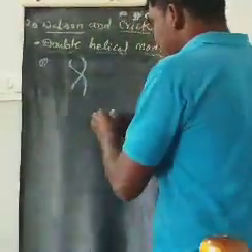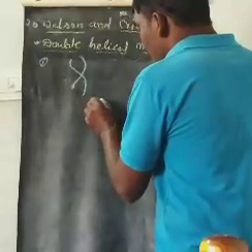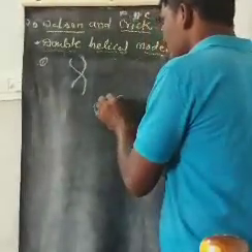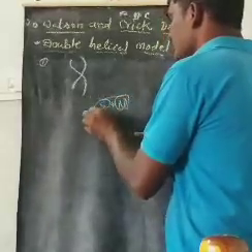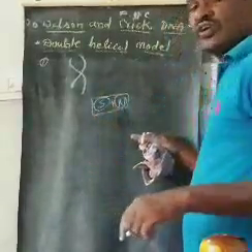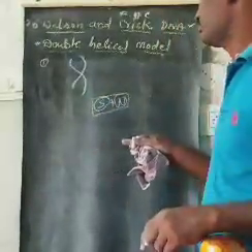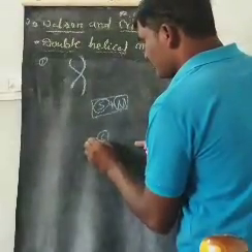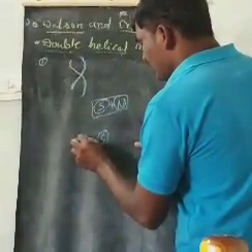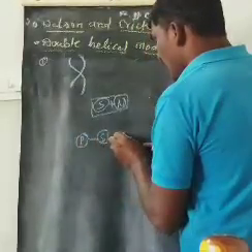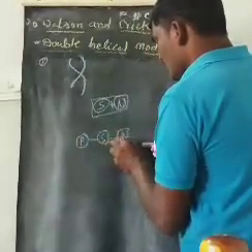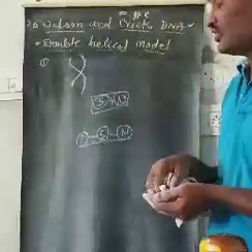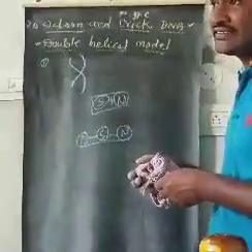A sugar molecule plus a nitrogen base pair is called a nucleoside. A sugar molecule, a phosphate molecule and a nitrogen base pair is called a nucleotide.